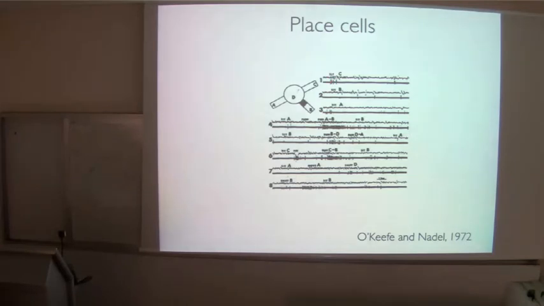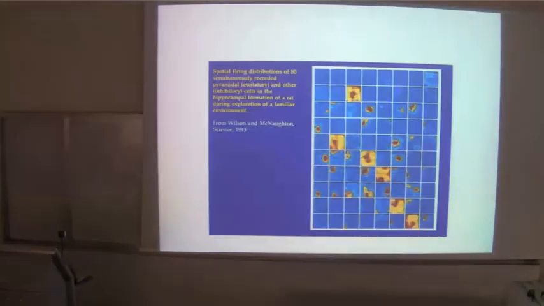And you see that the idea is that you have different neurons, and some neurons like to spike in area C, some neurons like to spike when the animal is moving from A to B, and things like that. So the idea is that you have neurons that are selective for the place in the space.